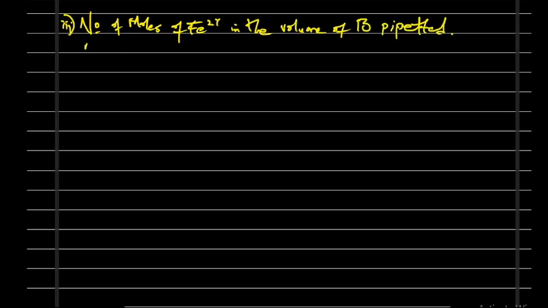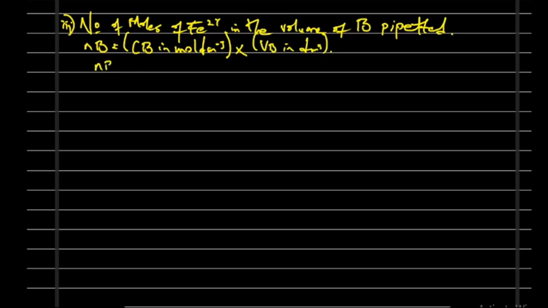So what we'll be using is NB equals the concentration of base in moles per dm cube times the volume of base in dm cube. That is what we'll be using.